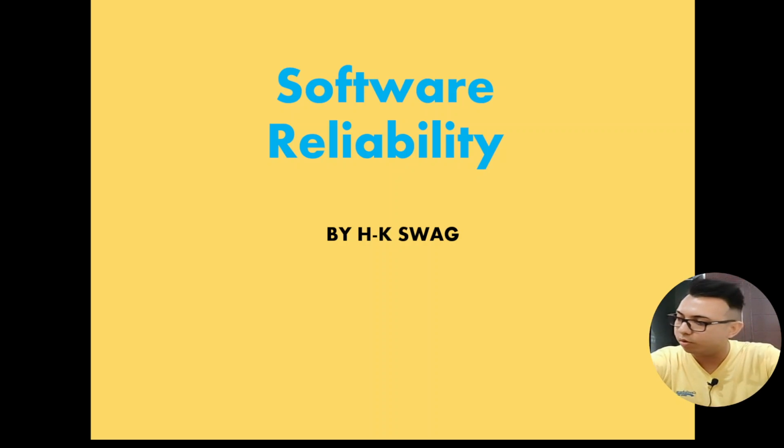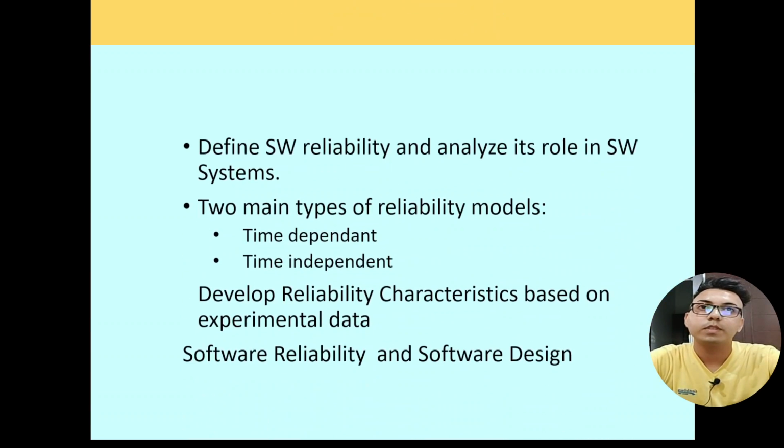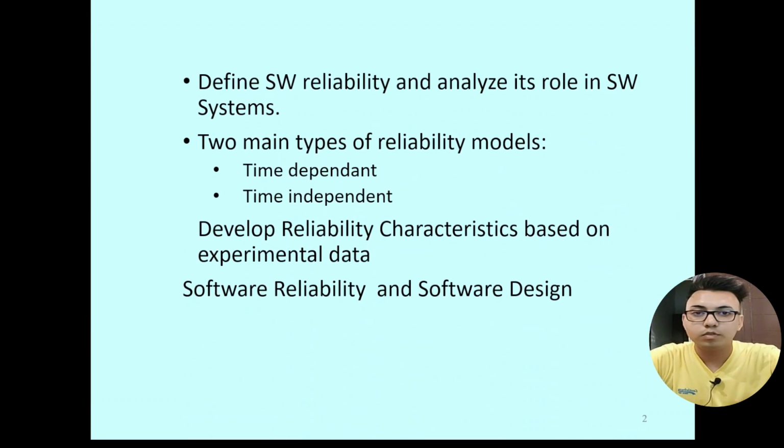So in this tutorial we are going to learn about software reliability. So let's get started. In this video we will learn about software reliability and analyze its role in software systems. There are two types of reliability models: time dependent and time independent.